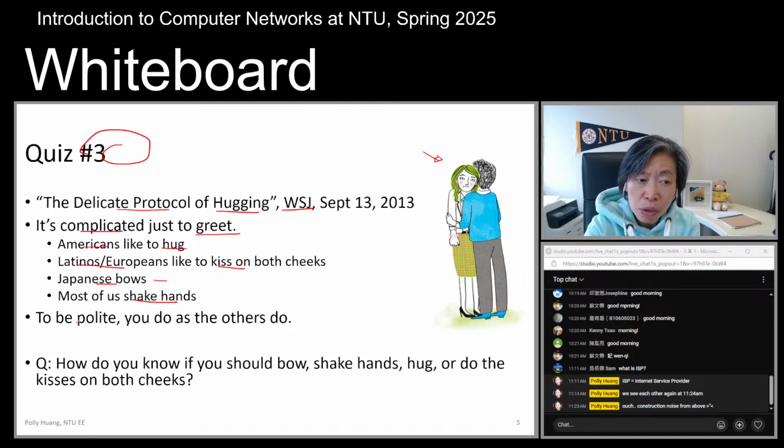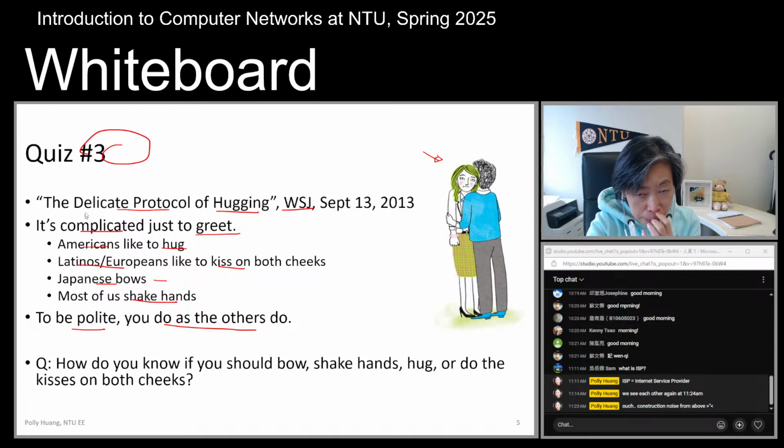Now, in order to be polite and proper, so that you make friends instead of intimidating the people you run into, a lot of times what we do is do what the people we want to make friends with do. You want it to be appropriate, so you do what the others do.